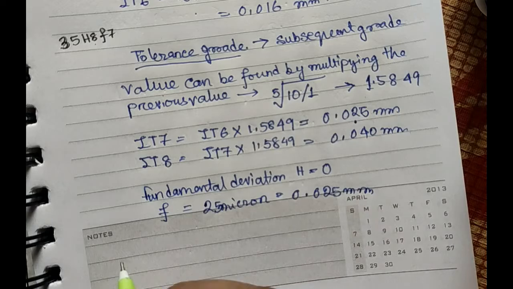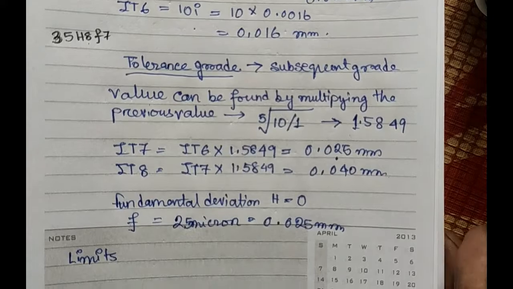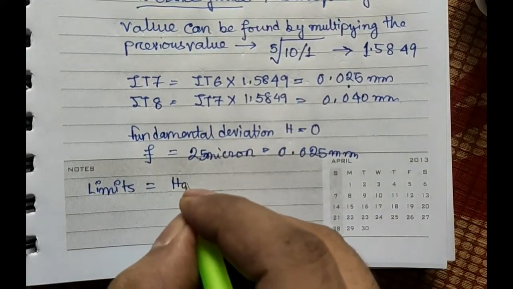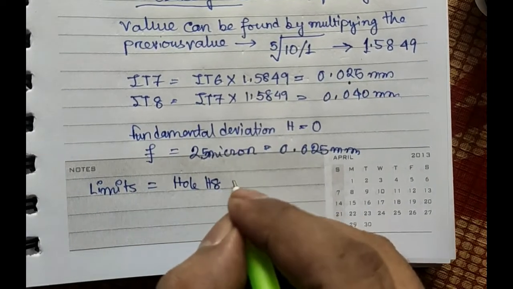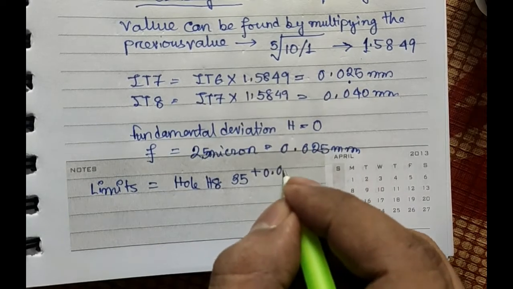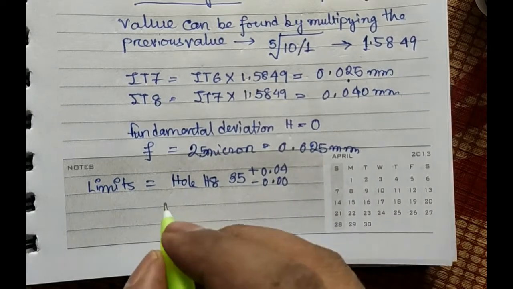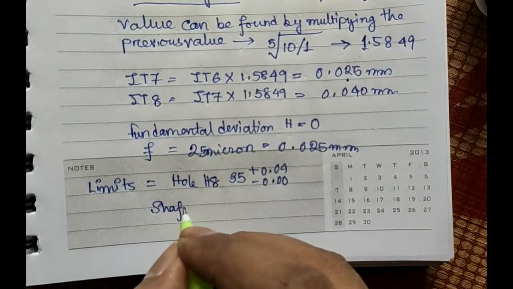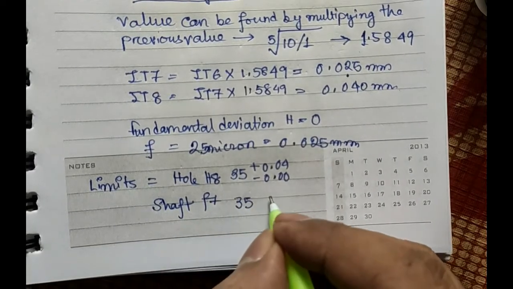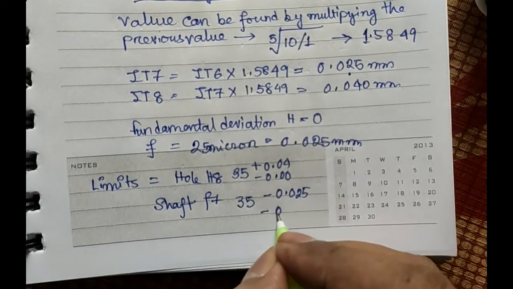So the limits we present are: for hole H8, 35 plus 0.04 minus 0.00, and for shaft F7, 35 minus 0.025 minus 0.05.